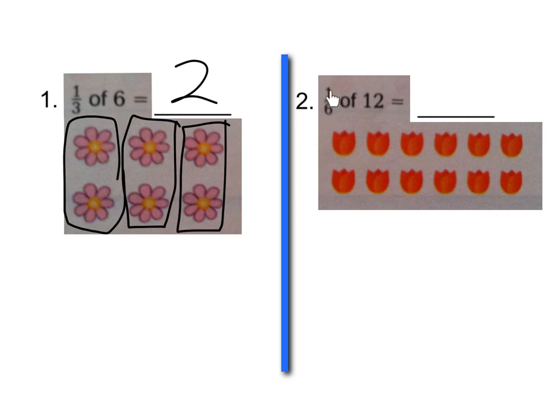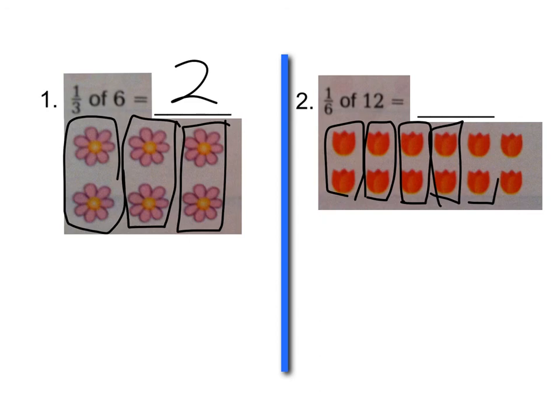Then we will look at one of those 6 groups. 1, 2, 3, 4, 5, 6. And now when I look at one of the groups, I can see that there are 2 flowers in the group. So 1/6 of 12 equals 2.